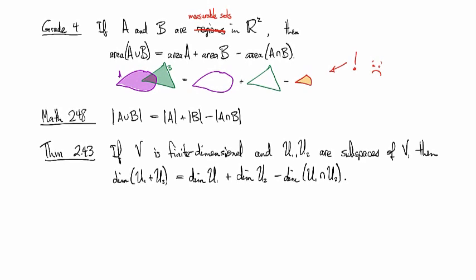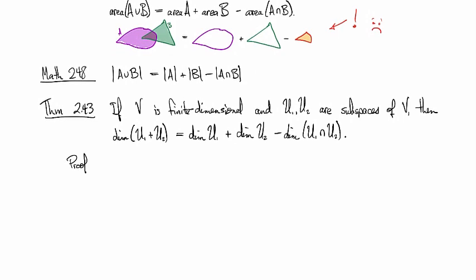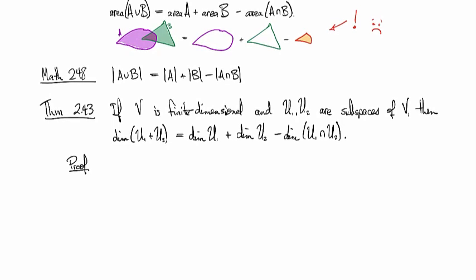Okay, so this proof is lengthy, so we're going to divide it into two pieces. First off, I'm going to give you the goal and direction that we're going to go in, and then in the next video clip, we'll finish the proof.